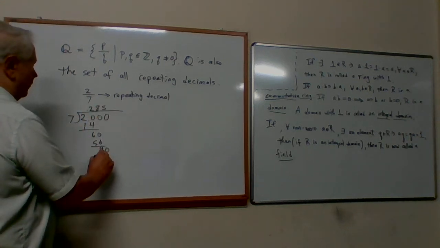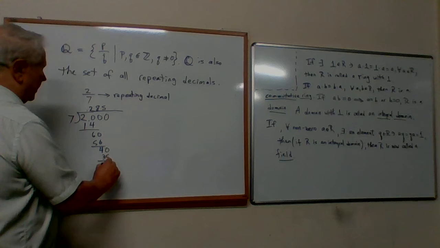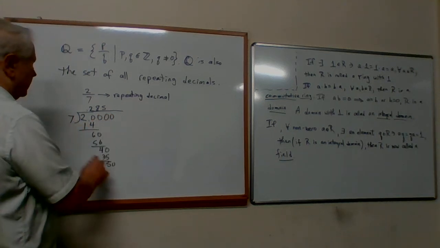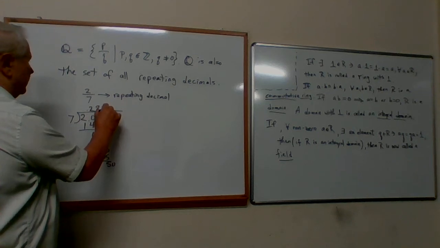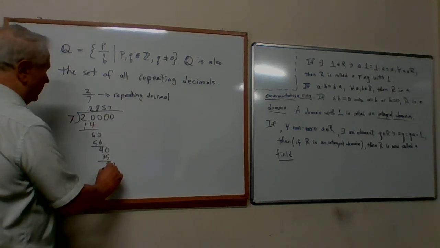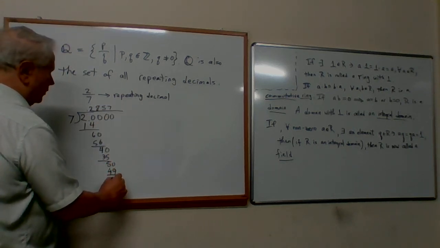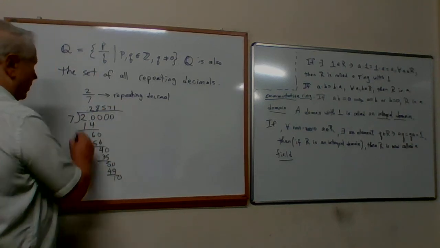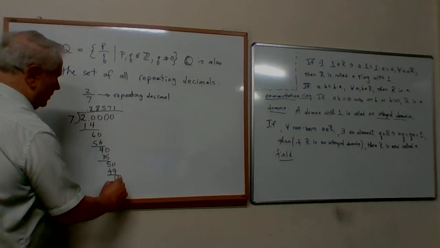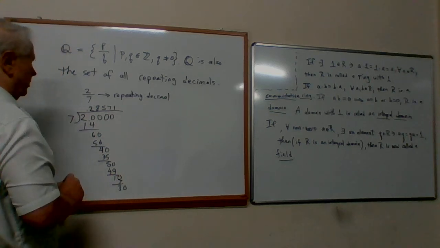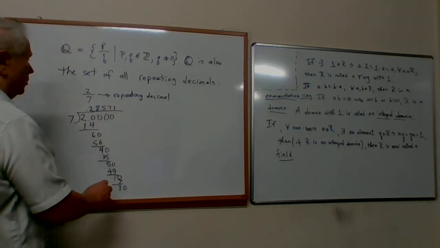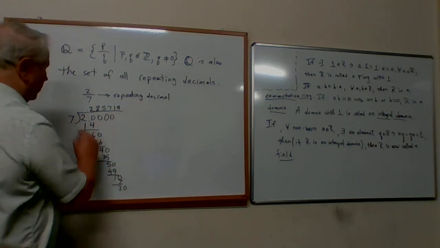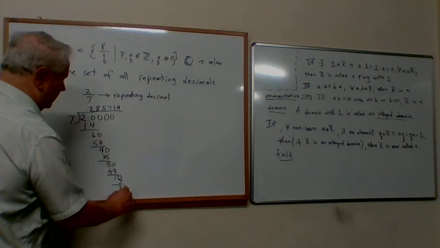5 times 7 is 35. Subtract, you get 5. Bring down the next 0. What times 7 gives you 50? And the answer is 7. 7 times 7 is 49. Difference is 1. Bring down the next 0. And then you get a 1. 1 times 7, 7. Bring down the next 0. What times 7 gives you 30? The answer is 4. 4 times 7 is 28.